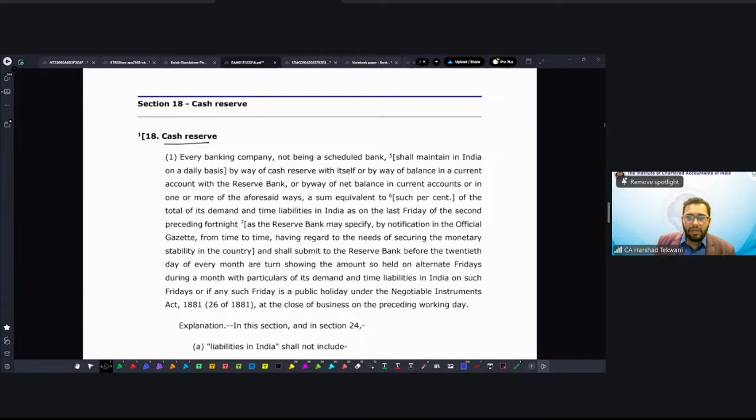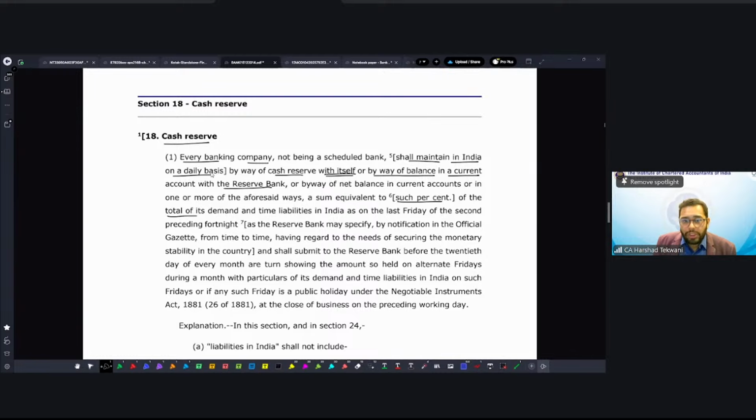Now, Section 18 says that every banking company, not being a scheduled bank, shall maintain in India on a daily basis, by way of a cash reserve with itself or by way of a balance in the current account with the Reserve Bank, such percentage as is provided every time by the Reserve Bank of India. And how is it calculated?